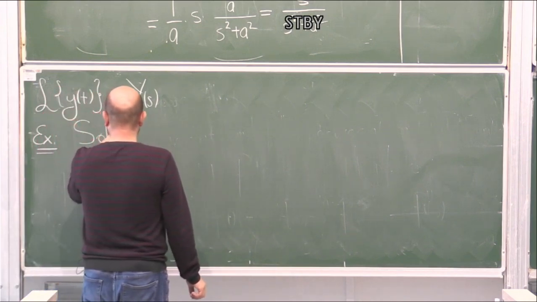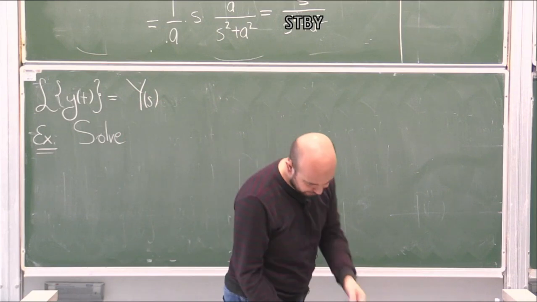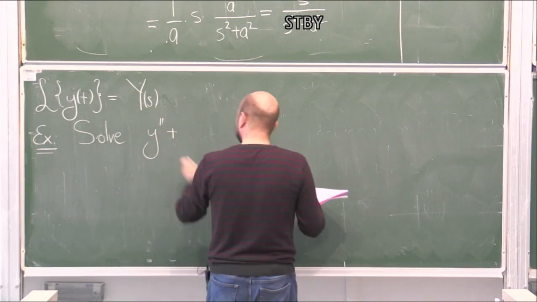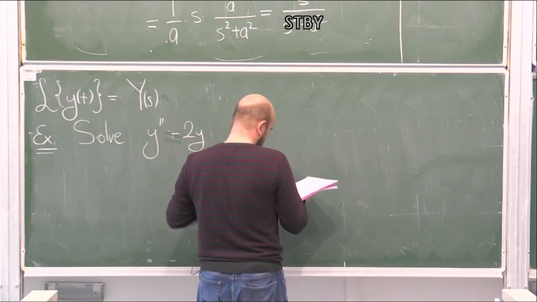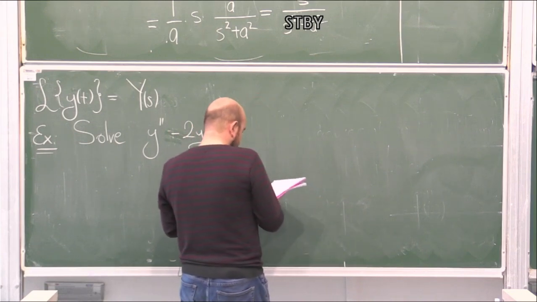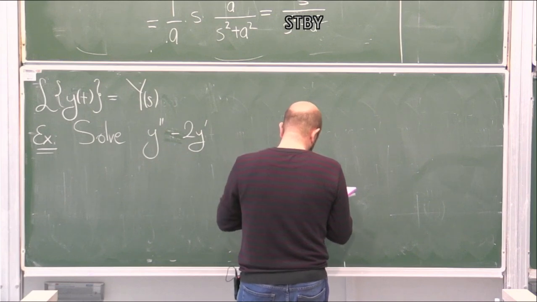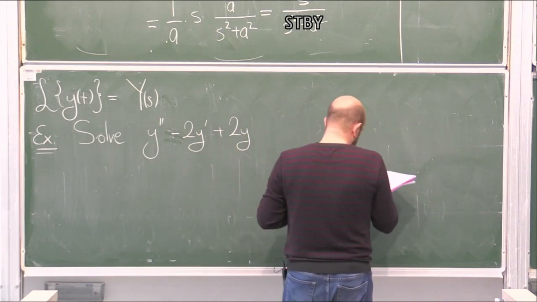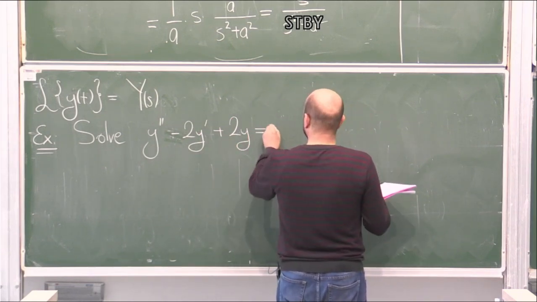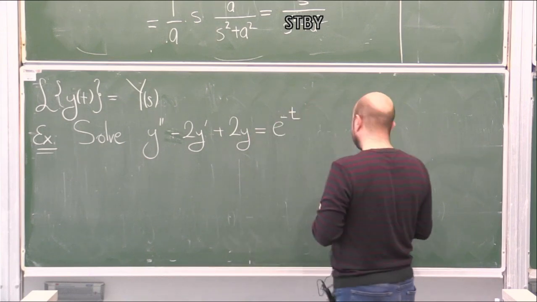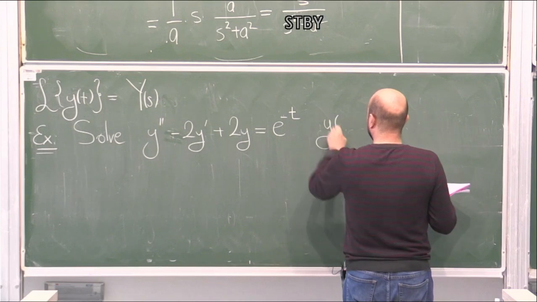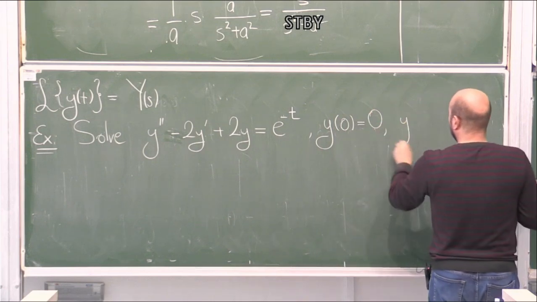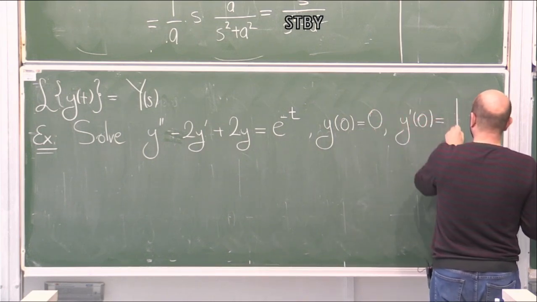Solve y double prime plus, let's do a simple version maybe, y prime plus 2y equal to e to the minus t, y of 0 is 0, y prime of 0 is 1.